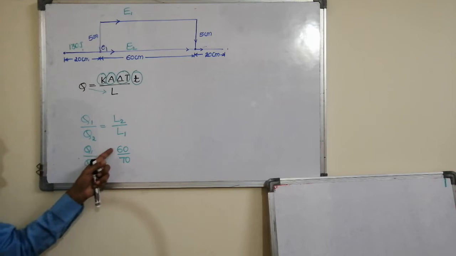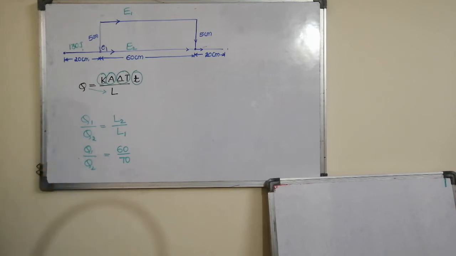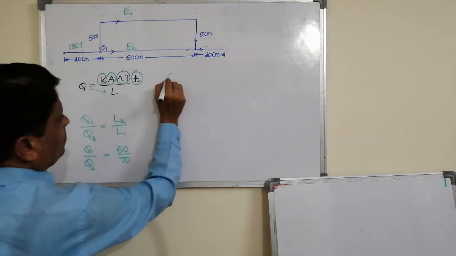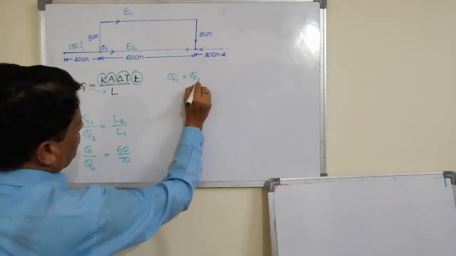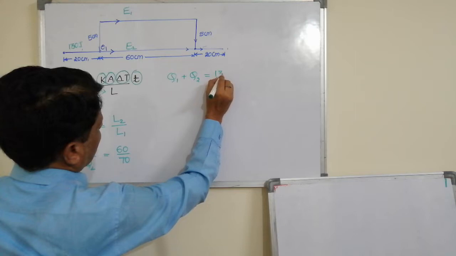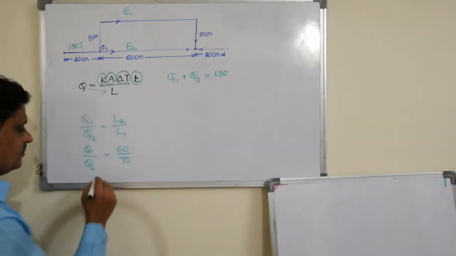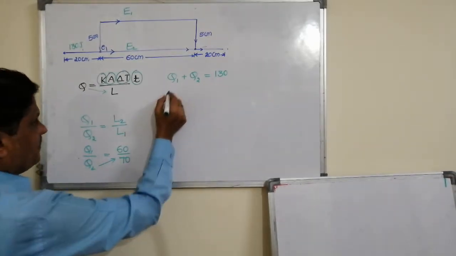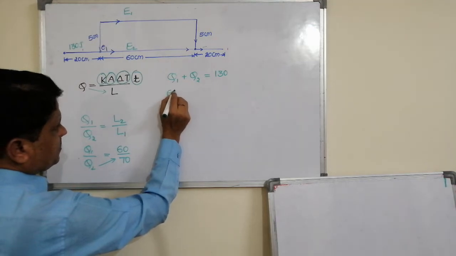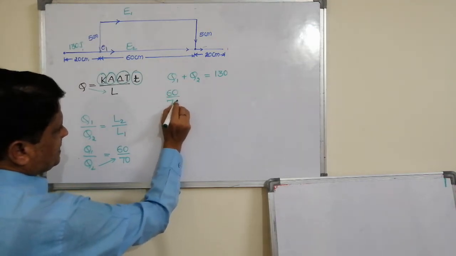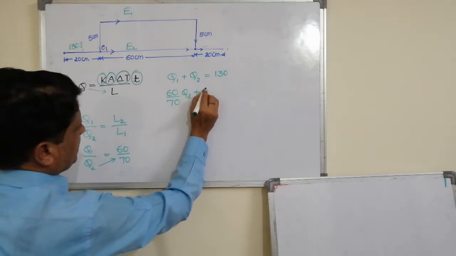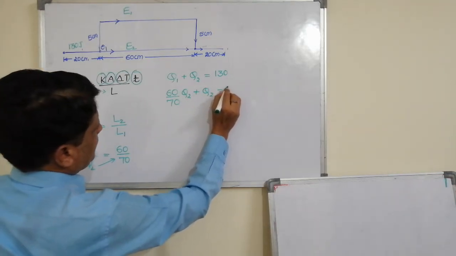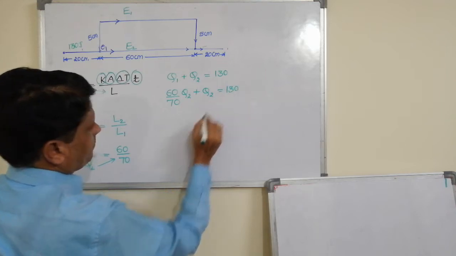We want Q1 and Q2. But as we know, Q1 plus Q2 is equal to 130. Q1 is nothing but 60 by 70 Q2, so 60 by 70 Q2 plus Q2 is equal to 130.